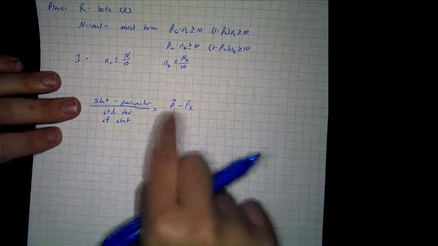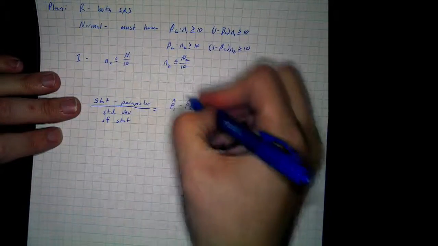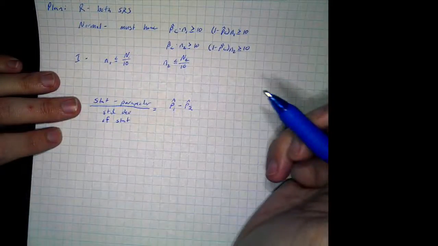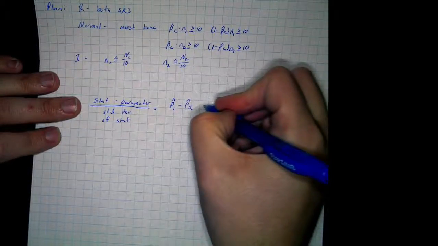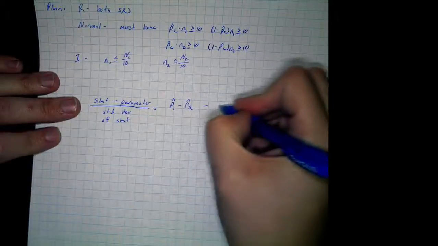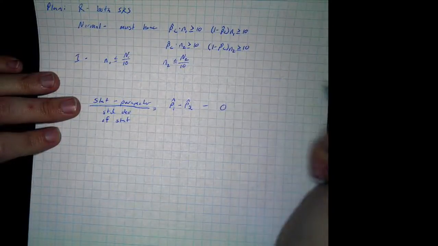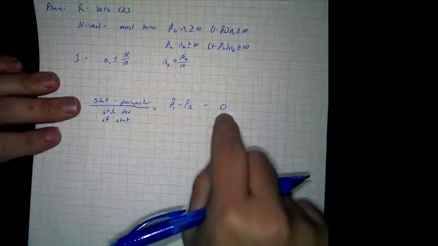However you want to indicate that, you can draw a little box up here or something like that. Now the formula is going to be minus 0. And the 0 is my parameter.